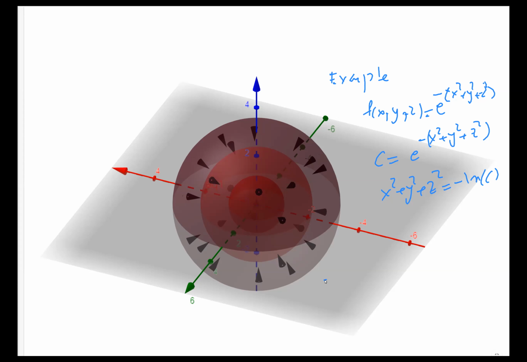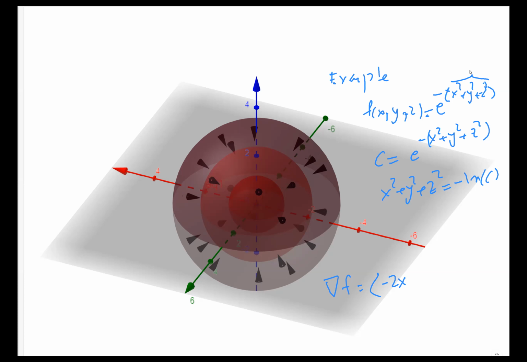So the gradient of f is going to be equal to the partial of f with respect to x, which is going to end up being negative 2x e to the power negative r squared. I'm going to use r squared for x squared plus y squared plus z squared.